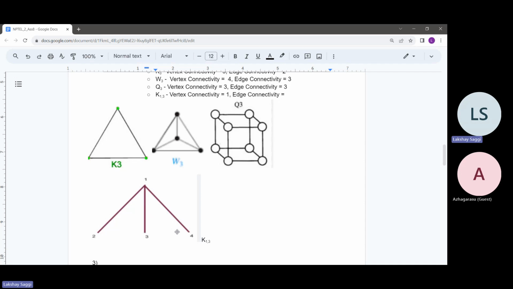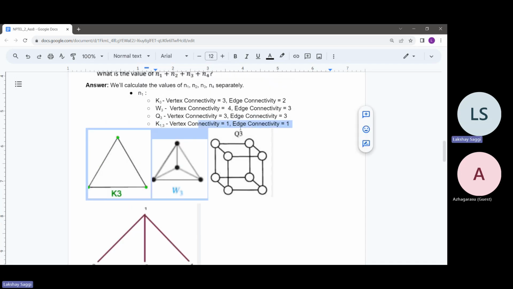So even after deleting one edge, the graph becomes disconnected. So edge connectivity is 1 here. So as we can see, in this graph vertex connectivity is 1 and edge connectivity is 1.